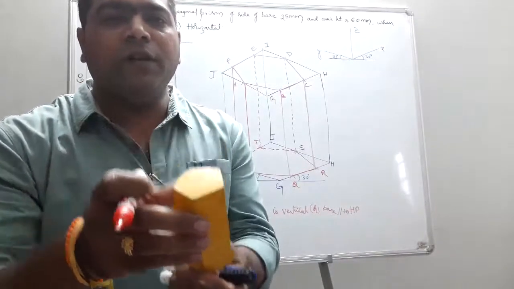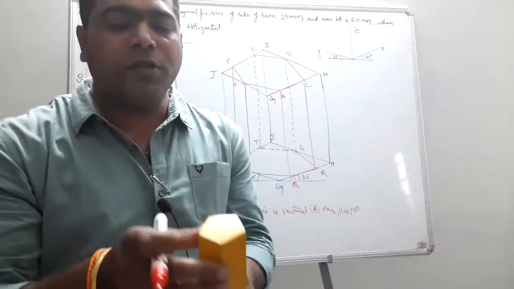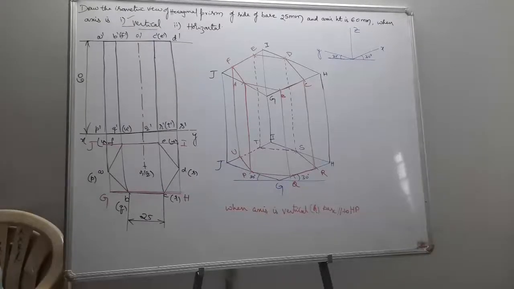When it is seen from the front, you see all the top base points. So the top base is completely visible. So while you are supposed to join, PA and DS is directly joined.